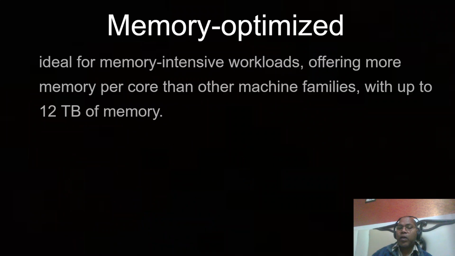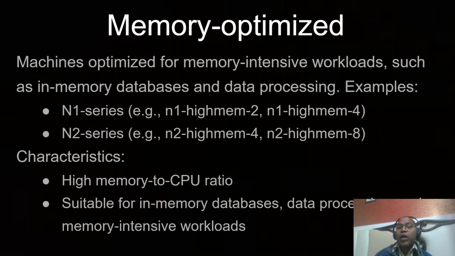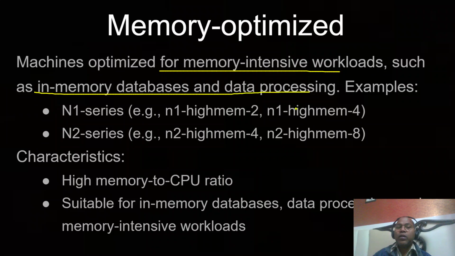For such applications you cannot compromise the performance. So in those kinds of scenarios you think our machine type would be memory optimized, meaning you require a high amount of RAM. Again, you are going to run memory intensive workloads such as in-memory databases and data processing. Here your key point would be the memory to CPU ratio.